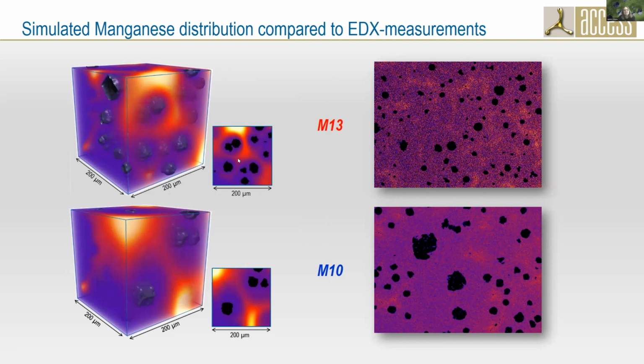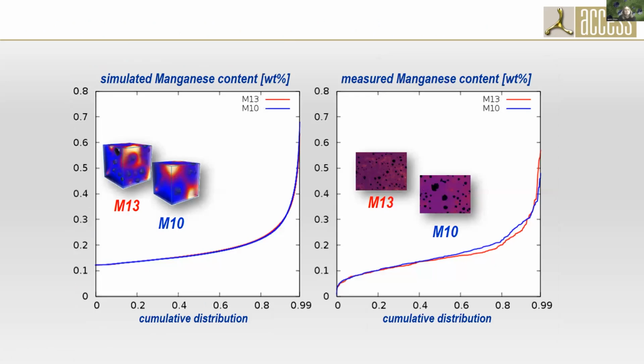Manganese is segregating positively, so we have the highest values at the end of the solidification. Then we compare this statistically, and here also find a very good agreement apart from the first and final points, which I'm not sure if they are really differences or come from the measurements.